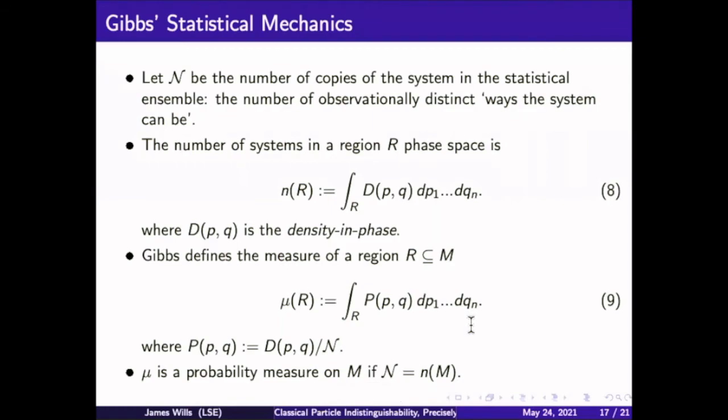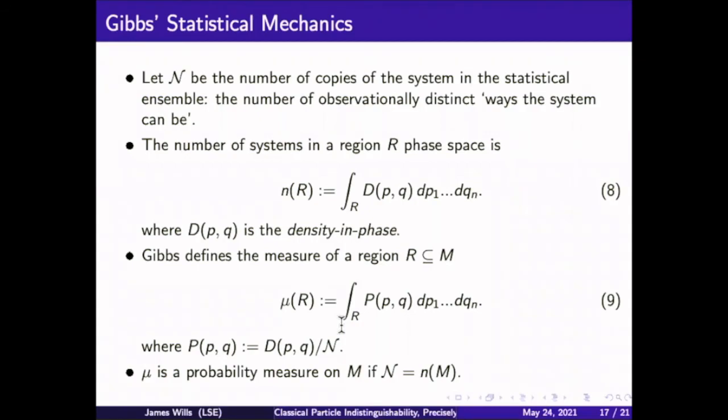Mu is a probability measure on M if little n of M equals curly N. And you can verify this. You see, if you integrate P over the whole of the manifold to get mu of M, then you integrate D over the whole of the manifold, you get n of M. If n of M is equal to curly N, then you're going to get mu of M equals 1, i.e. mu is a probability measure over M.